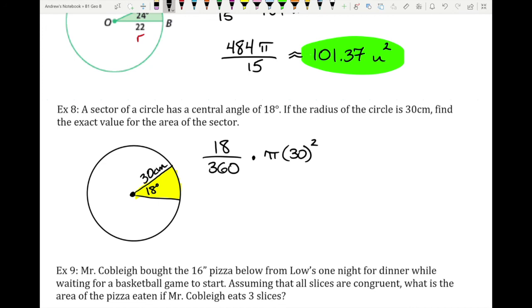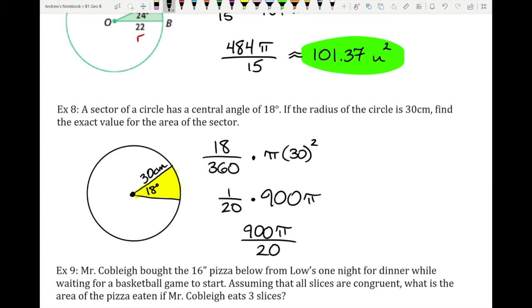So 18 divided by 360 is the same thing as 1/20th. 30 squared, I believe, is 900, but we'll plug it in just to be sure. Nice. We got 900 pi there. And if we smush it all together, we get 900 pi divided by 20.